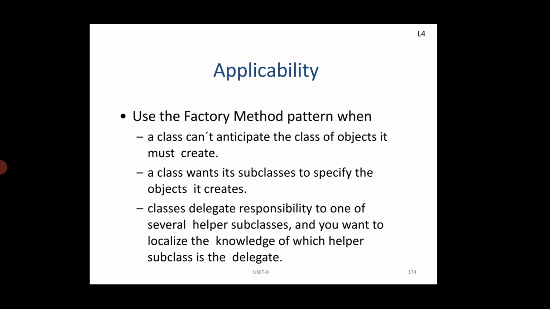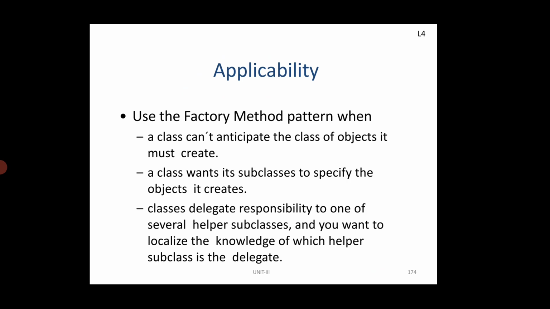One more applicability: a class wants its subclasses to specify the objects it creates. Another key point of applicability: classes delegate responsibility to one of several helper subclasses, and you need to localize the knowledge of which helper subclass is the delegate.